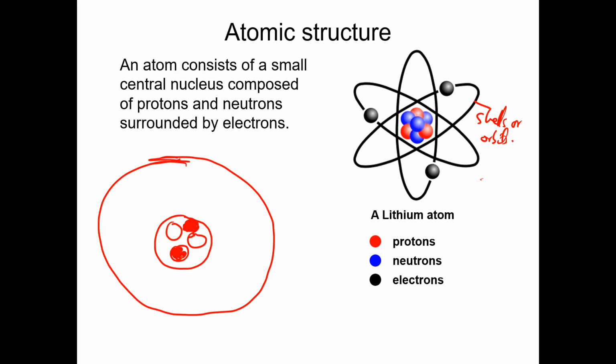Are we together? Are you done? Structure of an atom. And then you draw for me what I'm drawing here. Then we have this one as an electron, like that.